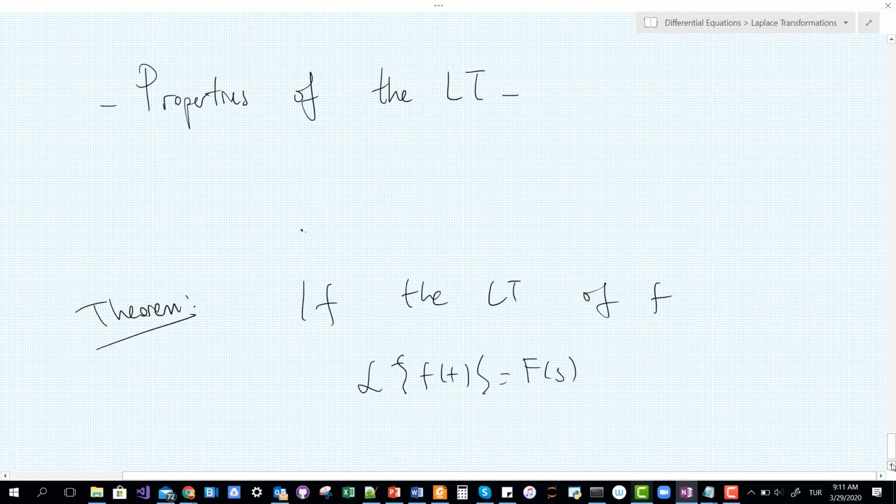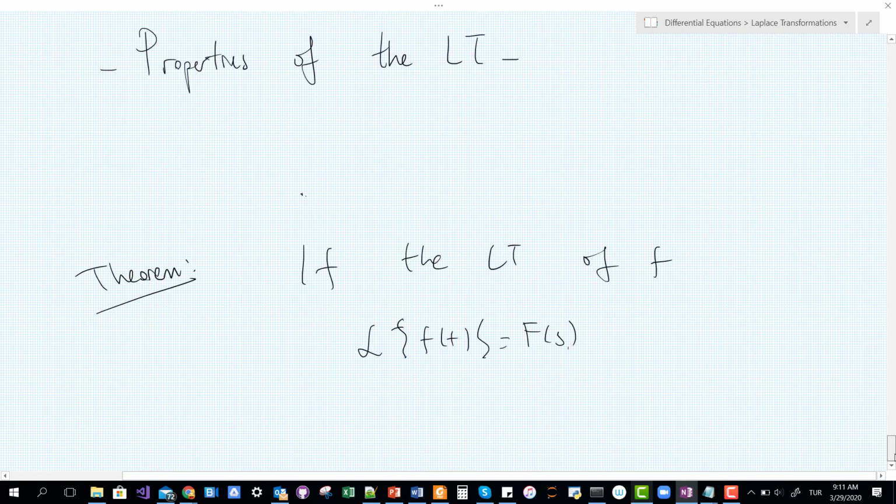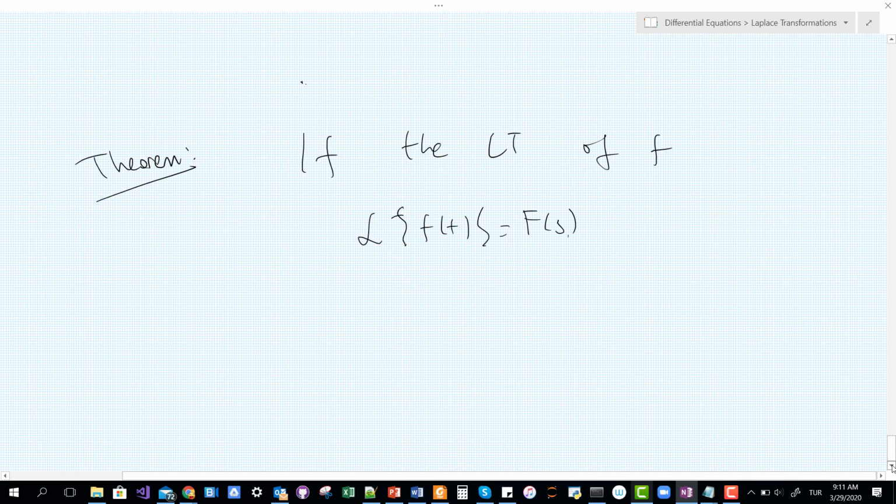If you take the Laplace of f, you're going to find an s function, as we just did before, and then we created our table. This is the notation I want you to get used to, since later we're going to need to use this instead of L f of t.